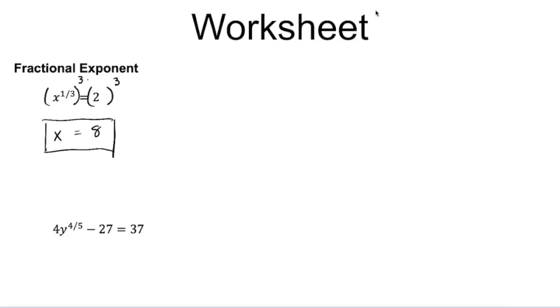The next one is a little bit more complicated. Before we get to the point where we eliminate that fractional exponent, we have to undo a couple of the other operations. So first things first, we're going to add 27 to both sides, leaving me with 4y to the power 4 over 5 equaling 64.